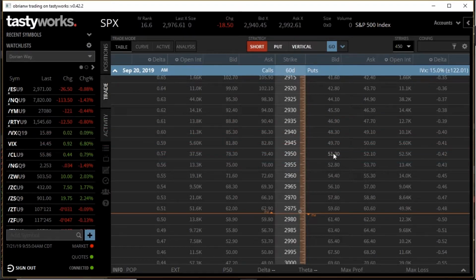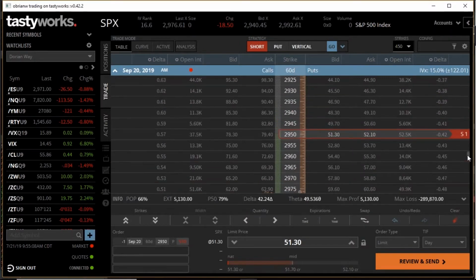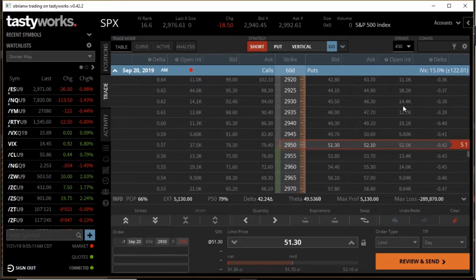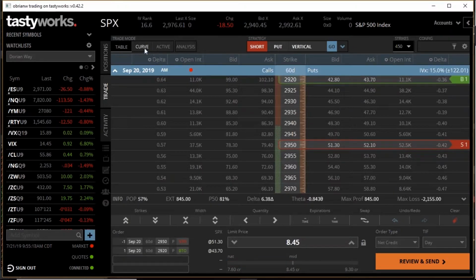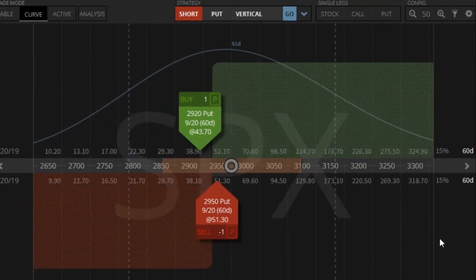So if we sell the 29.50 and let's say we buy the 29.20, which is a 30-point wide put spread, okay? And if we go look at the curve view on this, bring this down, this is saying that we are bullish. We want the market to go up, or the underlying trading to go up, because when you sell a put, you are bullish. And so selling a put spread is bullish.